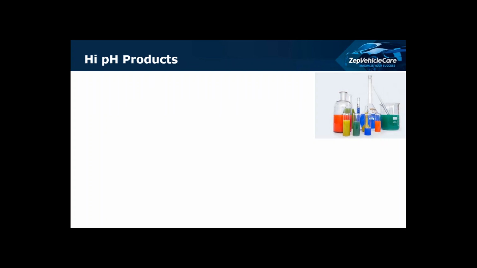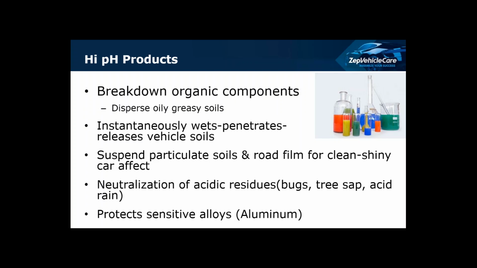All right, so let's look now at high pH products and low pH products. So what are high pH products and what do they do? High pH products break down the organic components, the oily, greasy things in the world that used to be alive, if you will. So they get rid of the oily, greasy materials.